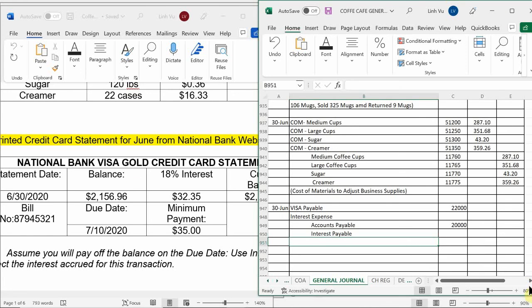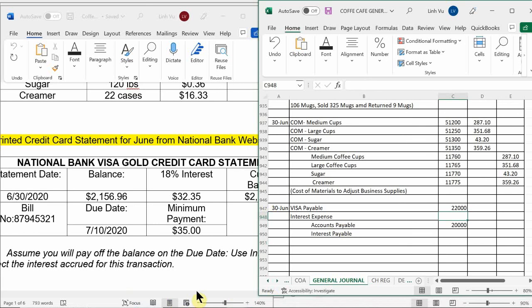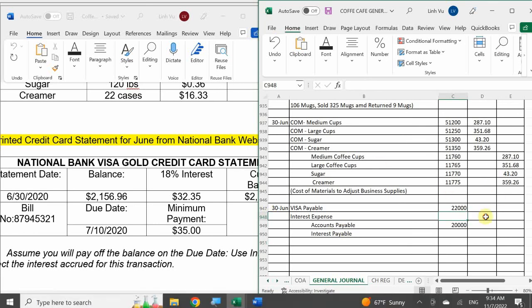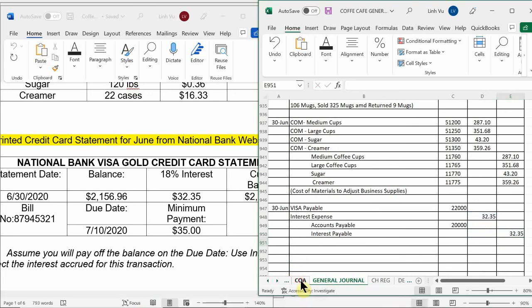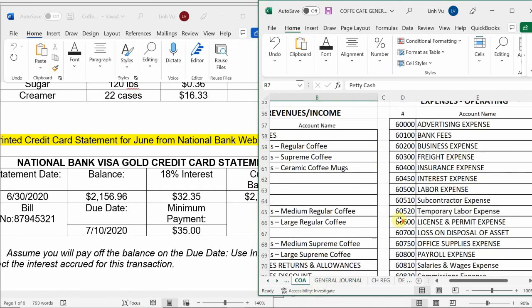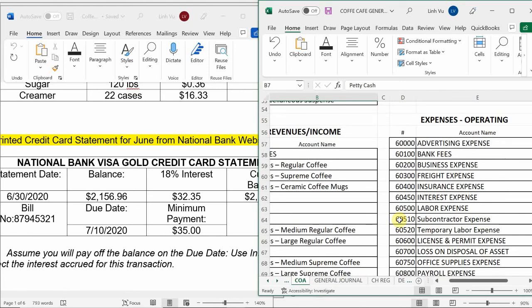So let's go ahead and now, how much was the interest? $32.35. $32.35, right? All right. Okay, let me find out what my interest accounts are. So interest expense is account 6450.